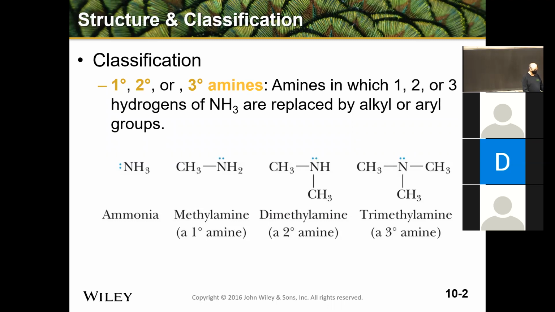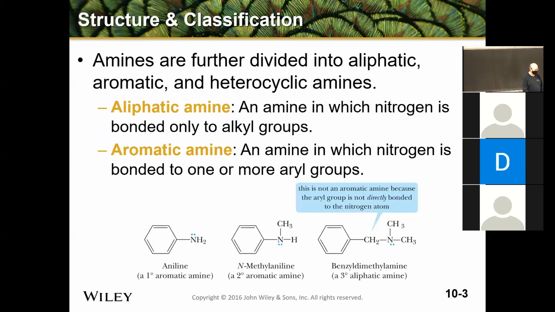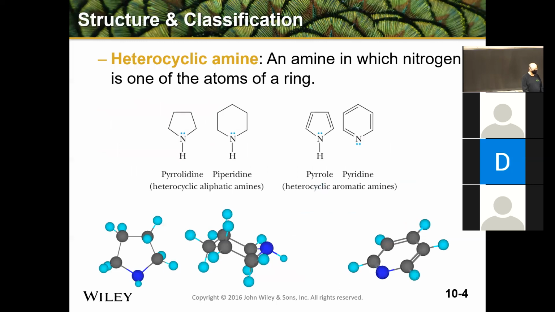These are all what we call aliphatic amines, where we have a saturated hydrocarbon group. These are aromatic amines, where the nitrogen is directly attached to a benzene ring or other aromatic ring. And then these are heterocyclic amines, where the nitrogen is part of a ring.